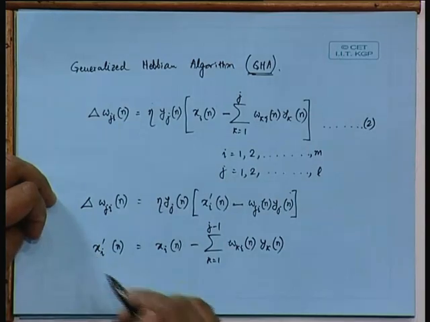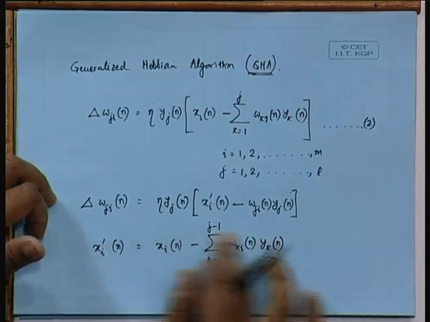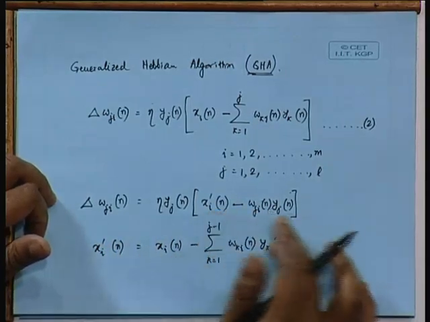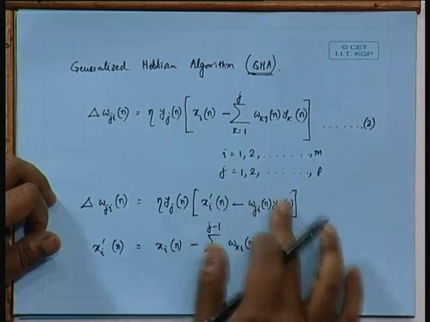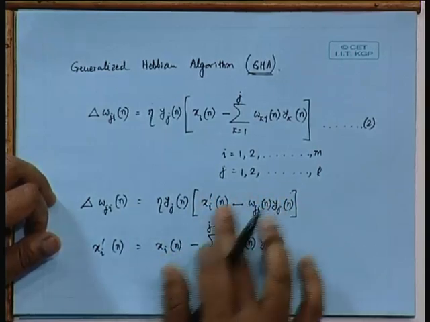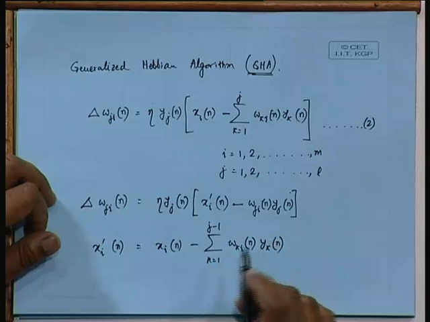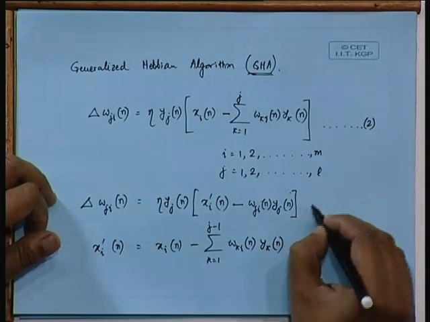And this itself acts as the modified input: xi prime n minus wjin yjn, this entire term within the square bracket, serves as the modified input term.